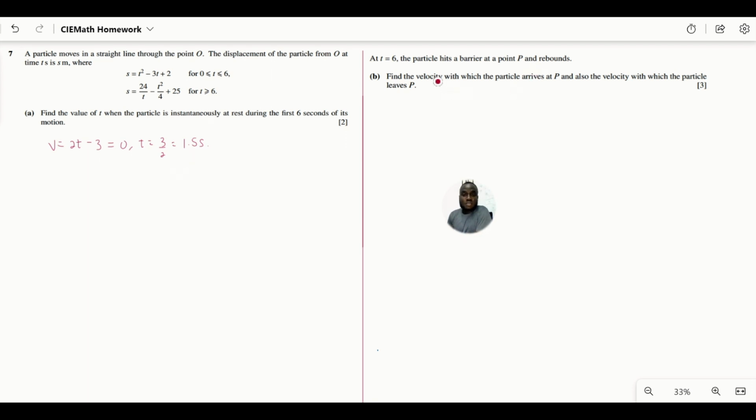Now we're told that at t equals 6, the particle hits a barrier at a point P and rebounds. So in hitting the barrier, it's like just arriving at P. And for you to arrive at P, we need to have the first equation.